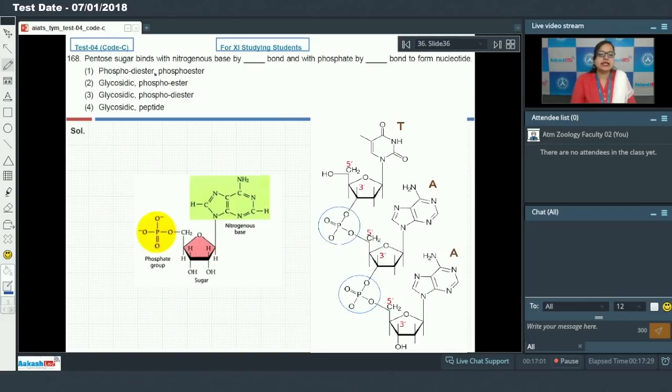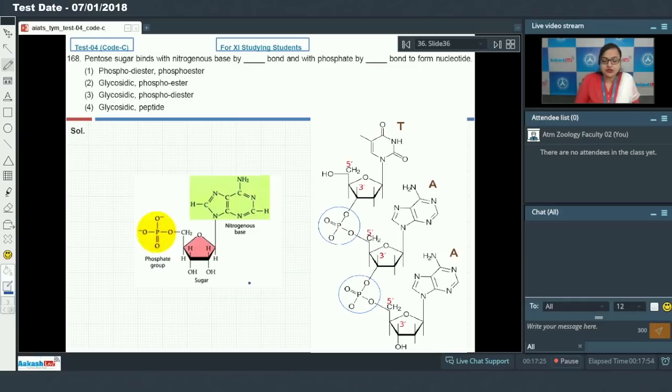Question 168. Pentose sugar binds with nitrogenous base by bond and with phosphate by bond to form nucleotide. So we have to select the option which gives the correct answer for the blanks in the given statement. So you know that in a nucleotide, a sugar molecule is bound with nitrogenous base as well as the phosphate group.